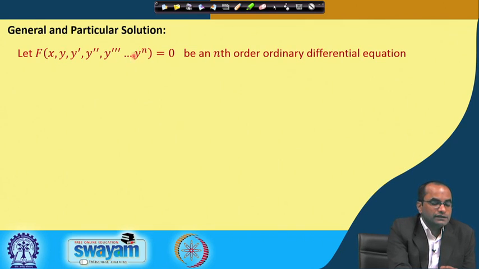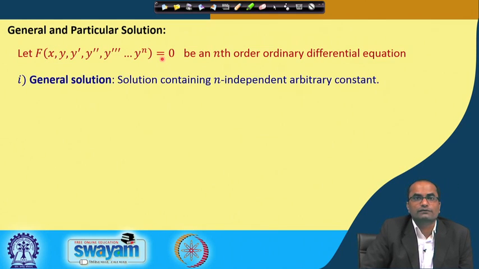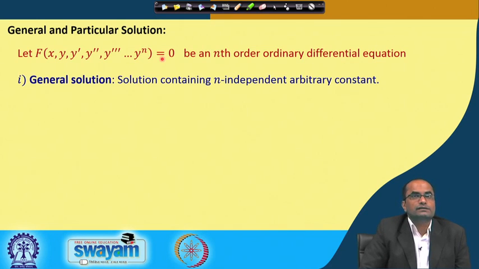Here we have the nth order derivative and other lower order derivatives, also the dependent variable y and independent variable x. It is a relation, meaning a differential equation, the nth order differential equation. So, what do we call the general solution? It is a solution containing n independent arbitrary constants.